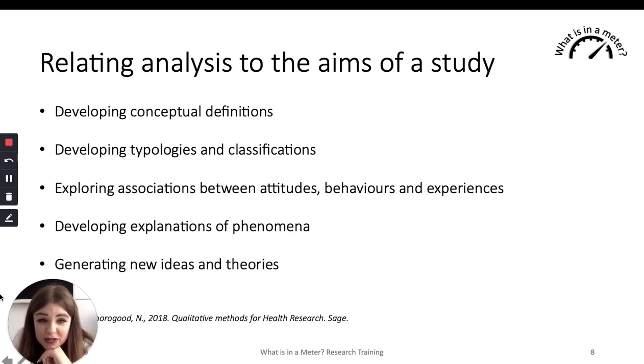I found it a really useful textbook as an introduction to qualitative methods whilst doing my PhD, so I definitely recommend it for further reading. But anyway, looking at these bullet points, I think they cover the key examples of the different outcomes that can be achieved by conducting a qualitative analysis really well.